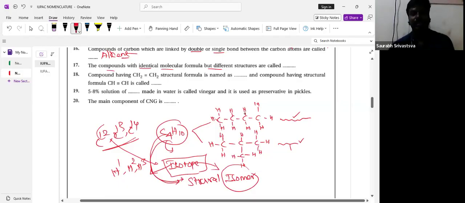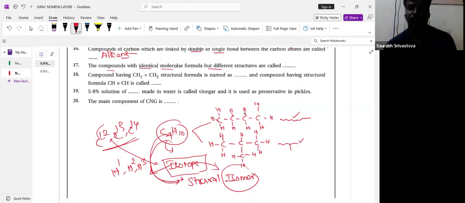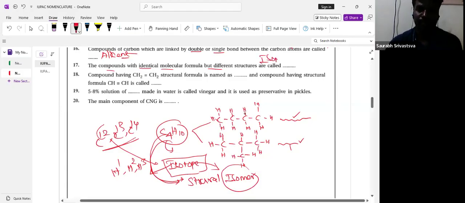It is called the structural isomer. Okay, understand? What type of isomer? Structurally it is different. Structural isomer.